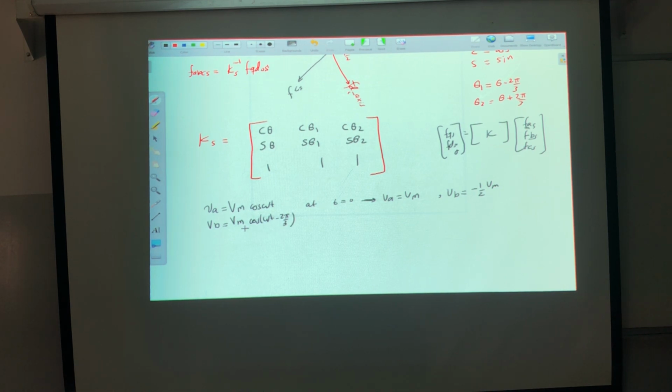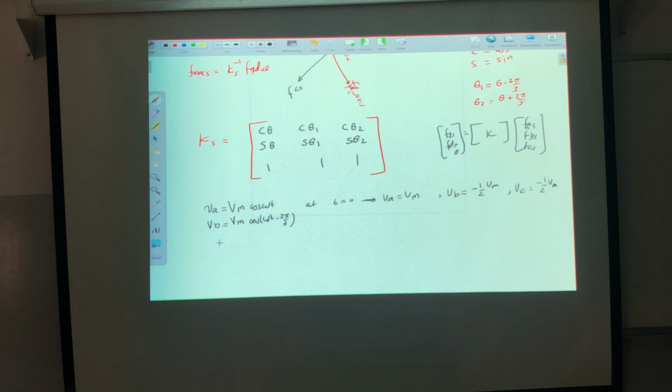This will be VM cosine the 2 pi over 3. It will be what? Minus 1 over 2. And VC will equal to what? The same, because you know that cosine of theta is equal to cosine of minus theta. So this will be the minus 1 over 2 VM.